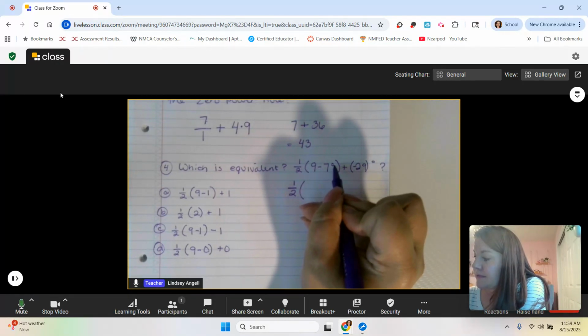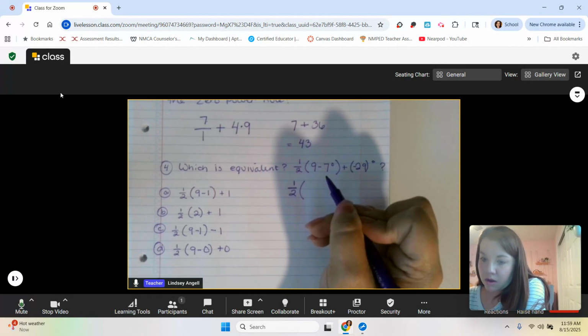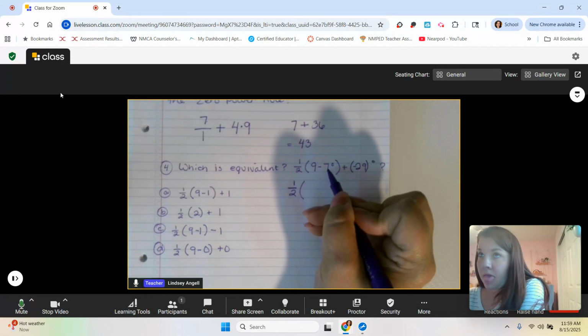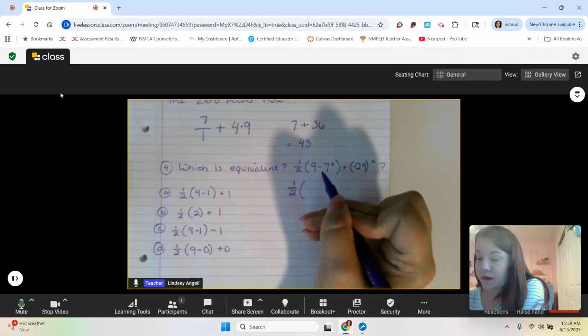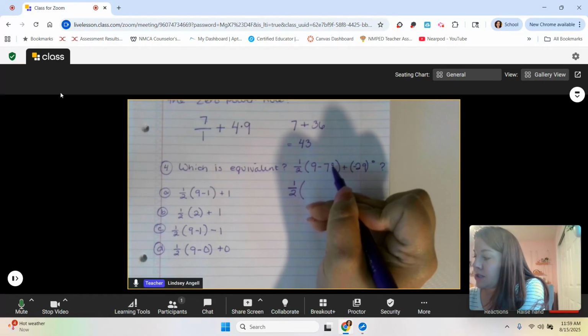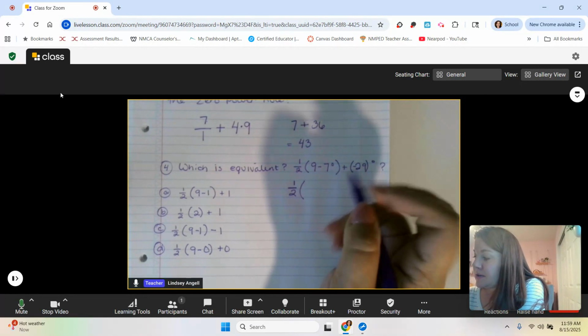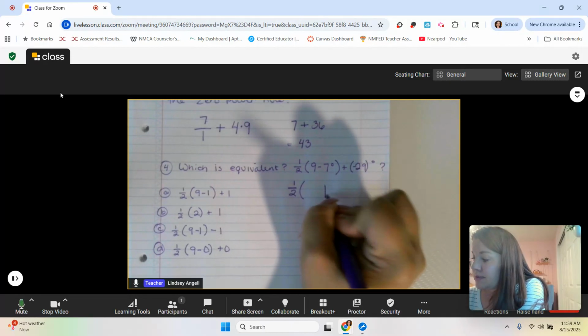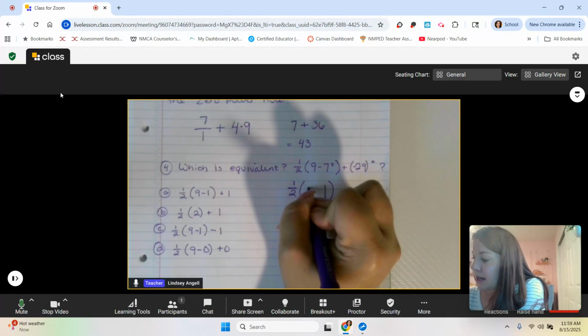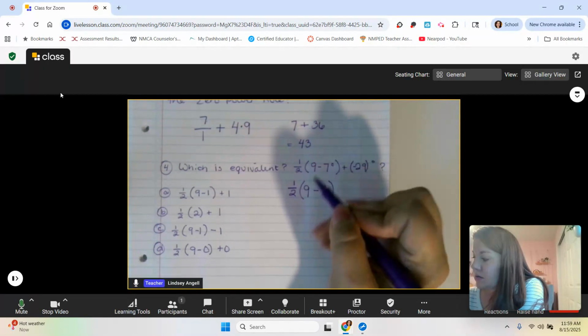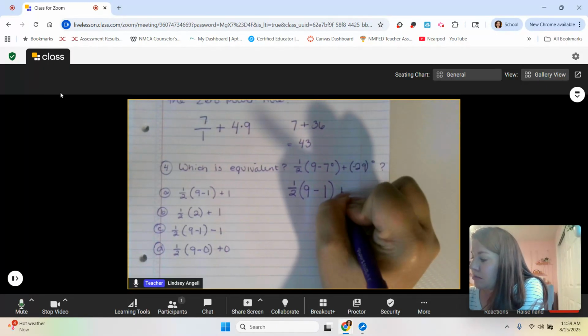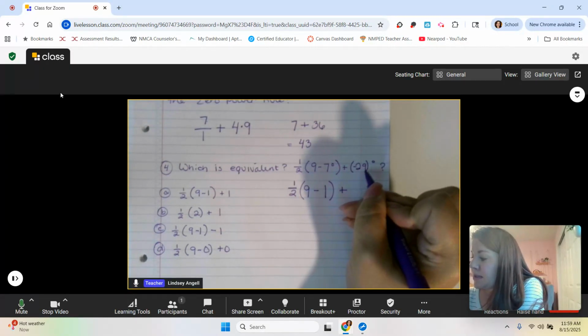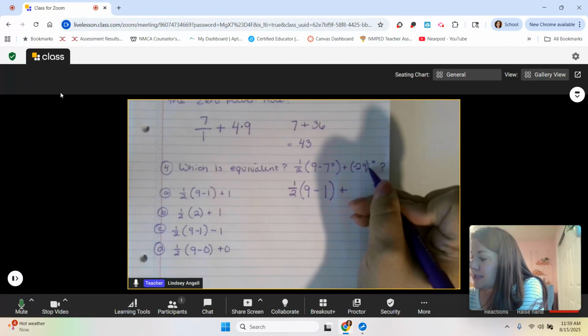But inside my parentheses, let's see here, 9 minus 7 to the 0 power. According to the order of operations, exponents come before subtraction. So I'm going to go ahead and do this one. 7 to the 0 power is 1, right? And then 9 minus 1 plus, and then this parentheses over here, well, it's just got this exponent on it.